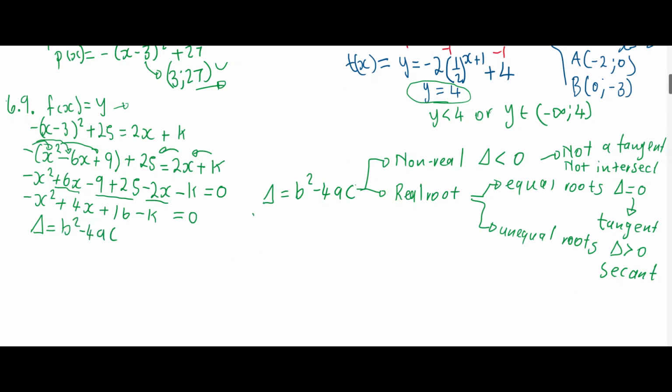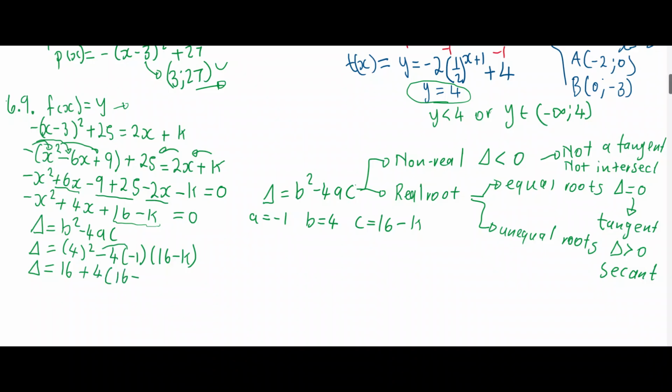So here, let's evaluate the discriminant quickly. b squared minus 4ac. What is the a value? Minus 1. What is the b value? 4. What is the c value? It's 16 minus k, which is this part here. So b squared is 4 squared minus 4 times negative 1 times 16 minus k. So the discriminant is 16, and then if we multiply this and that, we're going to get plus 4 times 16 minus k.